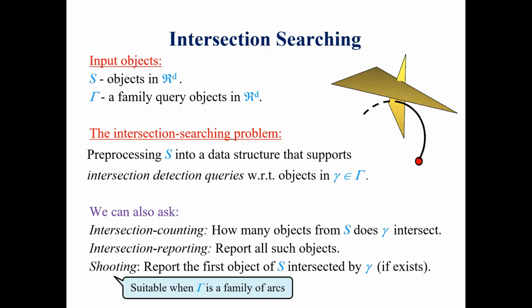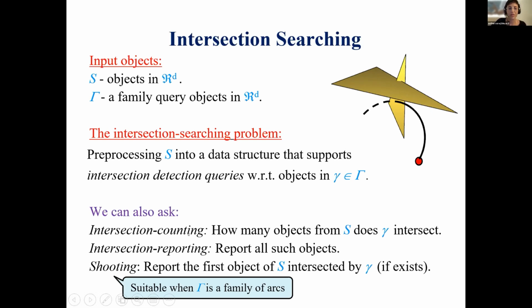The intersection searching problem is to preprocess S into a data structure that supports intersection detection queries with respect to the objects in gamma. Intersection detection queries usually include intersection counting, where we would like to count how many objects from S the query gamma intersects, or report all such objects.